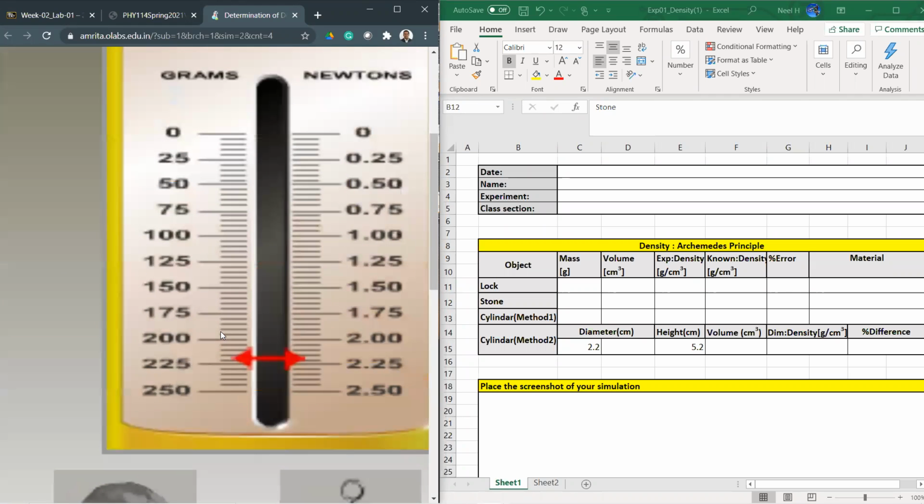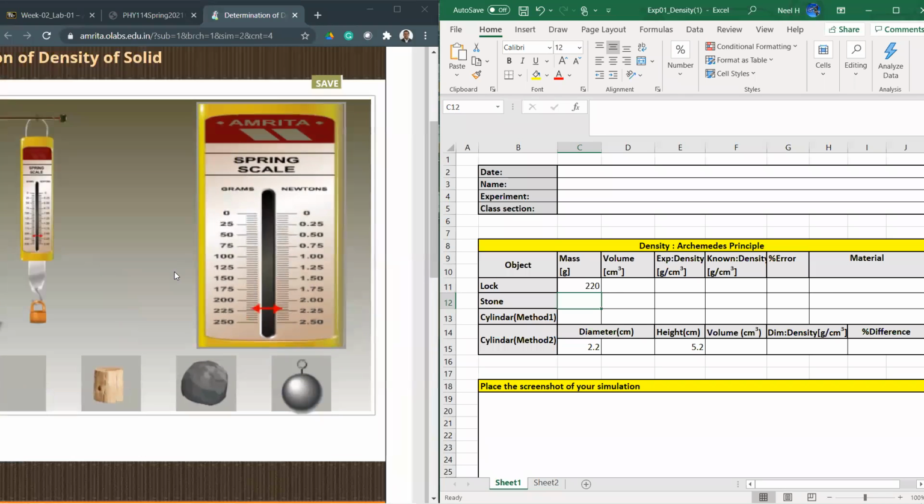We need the left-hand side scale, in gram. This should be between 200, 205, 210, 215, 220. 220, yeah, the closest one, okay? I think that's good. And it's that simple, okay? Nothing complicated at all.